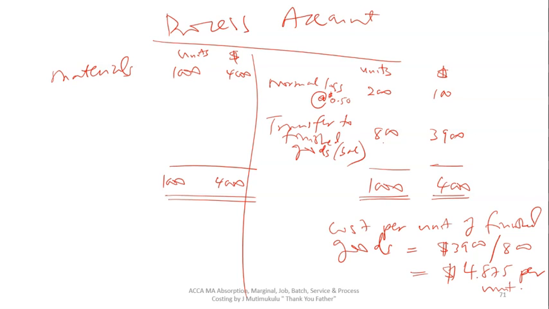Okay, but while this will be expecting normal loss, it might also happen that further losses might be incurred. All right, and those further losses which we were not expecting, we call them abnormal losses.